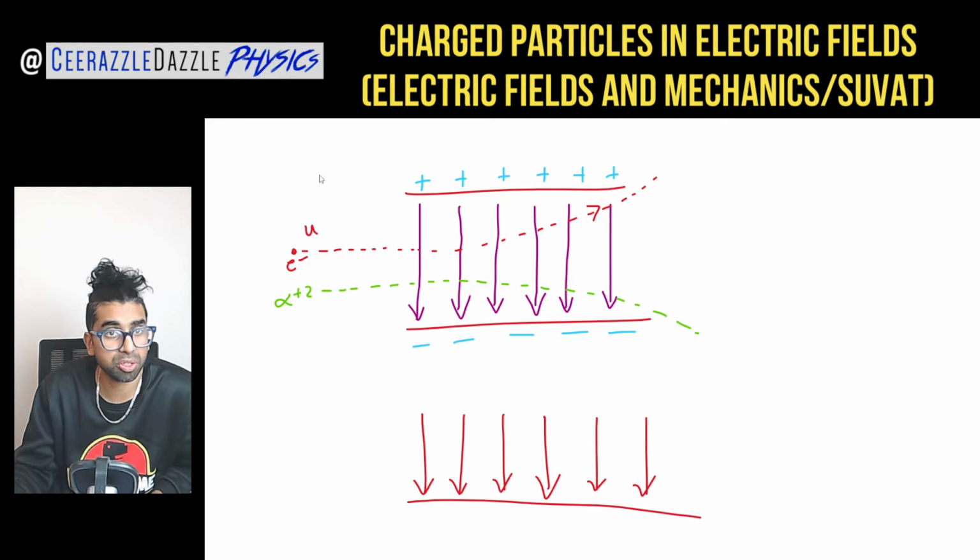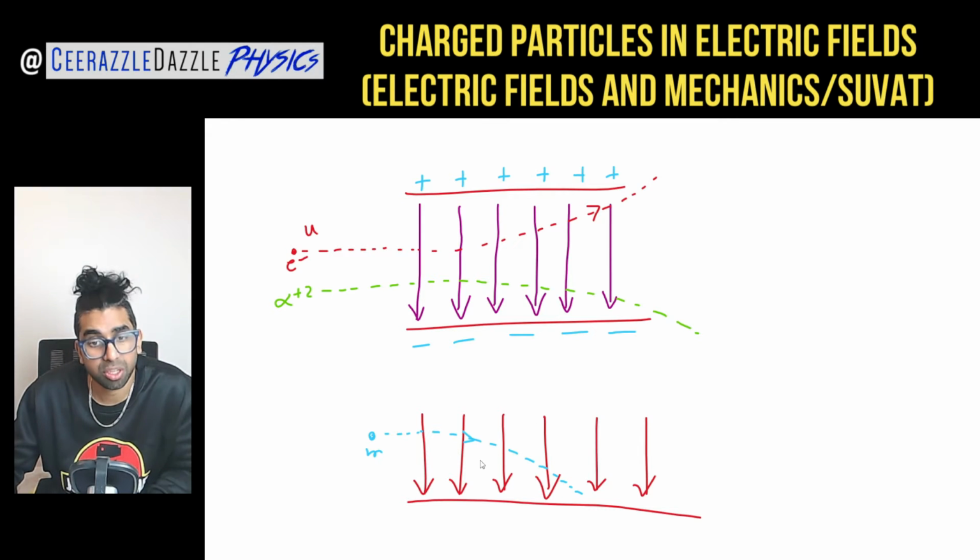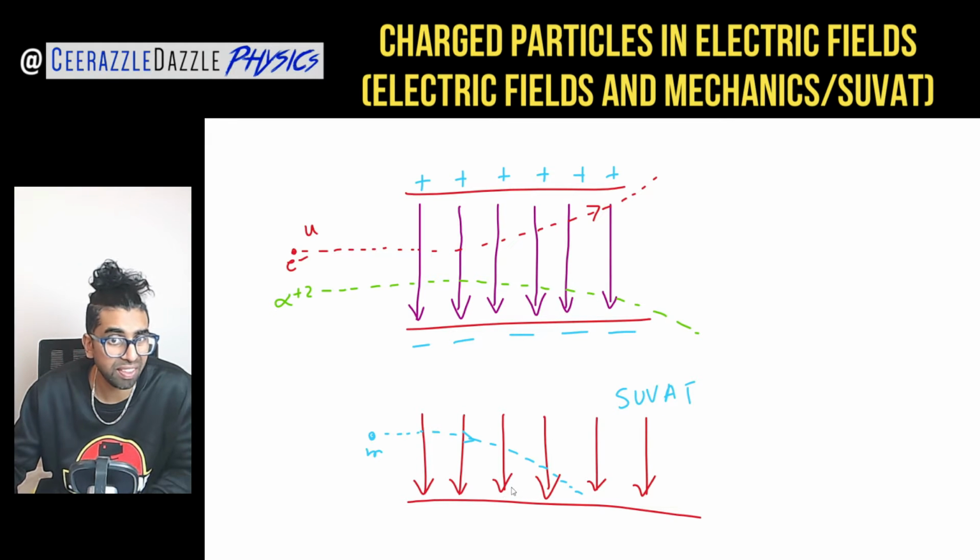And obviously, if I was to fire an object with mass into it, first of all, we know that it will also experience the field, and therefore its trajectory will change. So in this example, hopefully you remember that we can use SUVAT, so we can use mechanics to solve this problem. And therefore, guys, hopefully you can see that I can use SUVAT in this example as well. So SUVAT can be used in gravitational fields, but now we can also see that it can be used in electric fields.